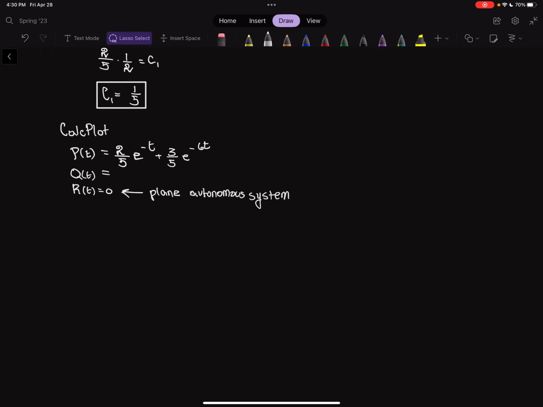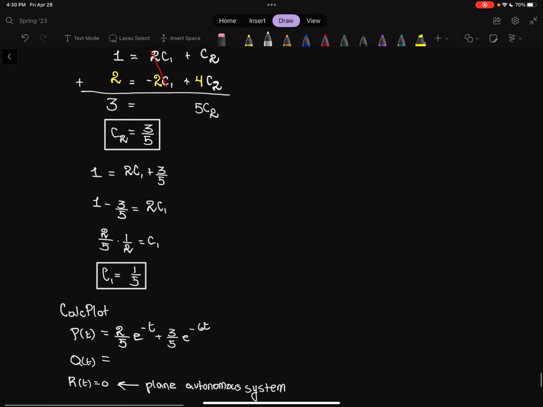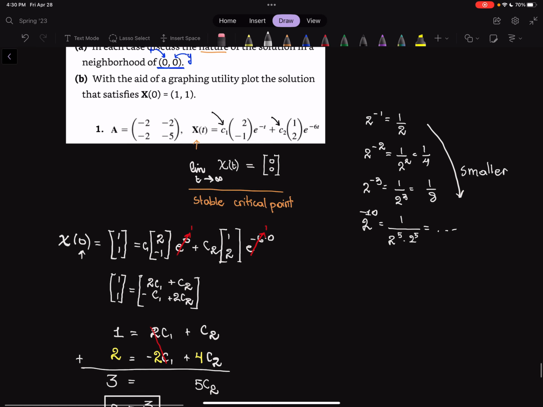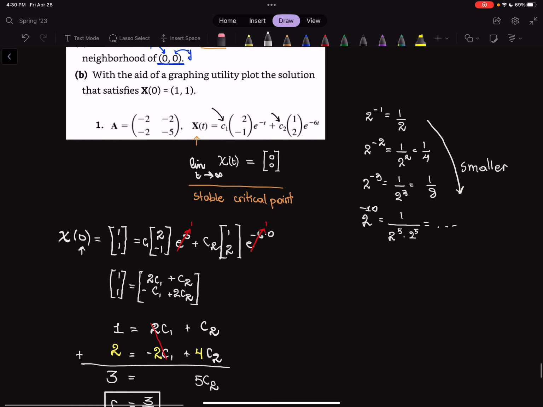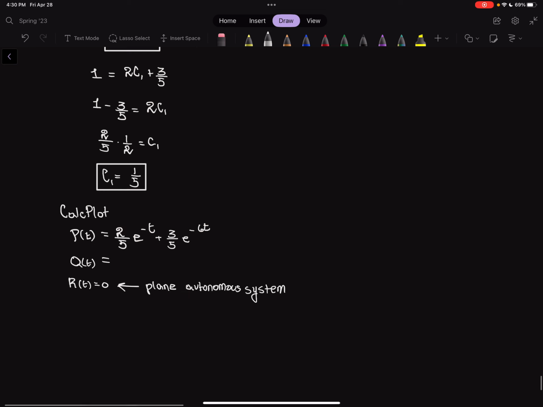And then we have this other equation at the bottom, which is going to be what? Let's go over here, and we're going to have C1 times negative 1 e to the negative t, so negative 1/5 e to the negative t.